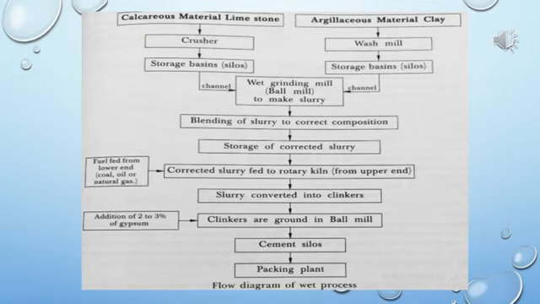When that is ground, the material is fed into the cement silos, and from the cement silos, the cement is produced. Now it is packed. So at the end there is the packing plant. You will pack your cement and ship it toward other areas of your country or your city.